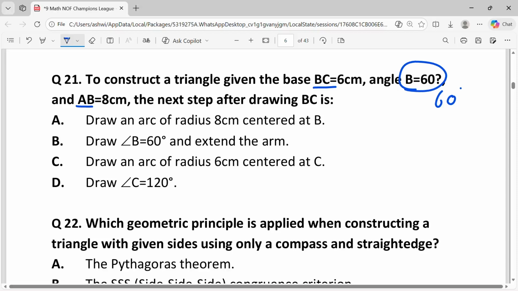This corresponds to the side angle side criteria. The standard construction steps after drawing the base BC are to construct the given angle at one endpoint of the base. So the answer is B. Draw 60 degrees and extend the arm.